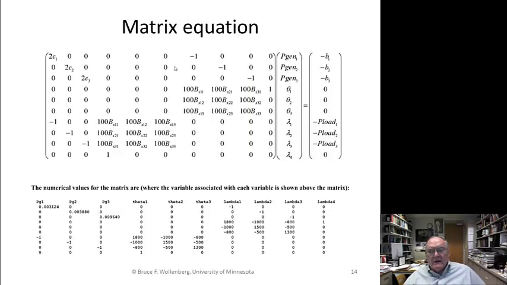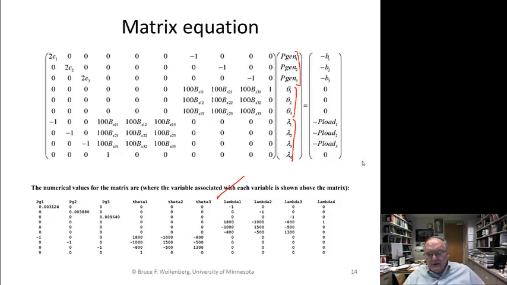Okay, so here's my set of 10 variables: 3 generators, 3 lambdas, 3 phase angles. Here's the 3 generators, the 3 phase angles, and the 4 lambdas. And there's 10 equations, 10 unknowns, and there's the numeric one right there.